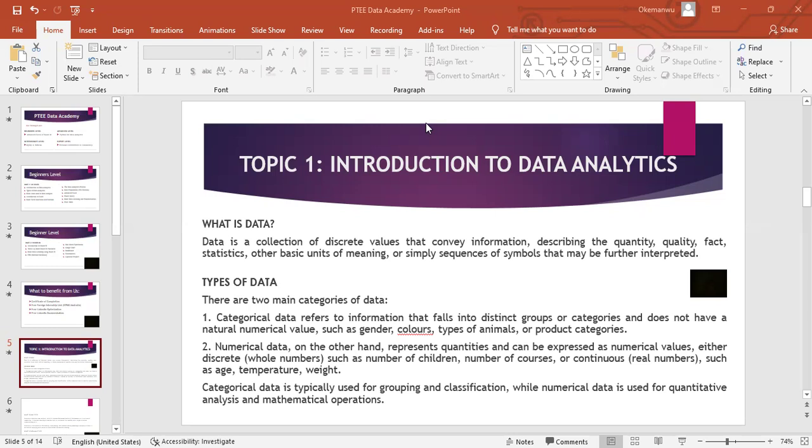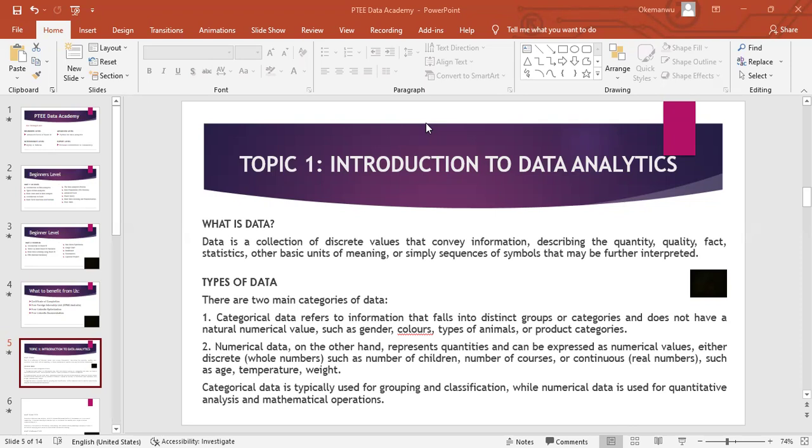You can see number of children, number of courses, the continuous and whole number, everything that has to do with number, age, it could be temperature, weather, anything that is measured in number base is under numeric data type. But anything like name, your name, maybe someone's statement that you can actually read meaning from, is also part of data, but under categorical data because it is not figurative or number based.